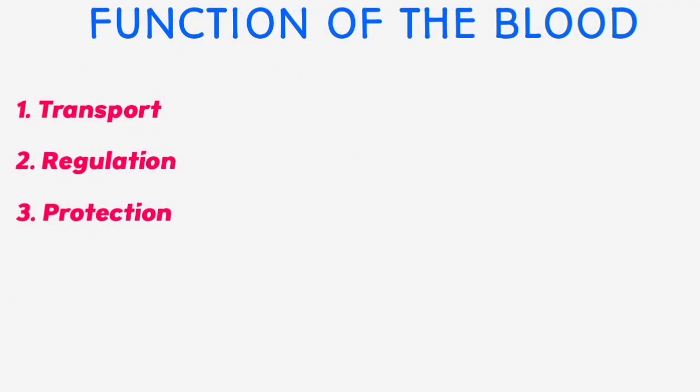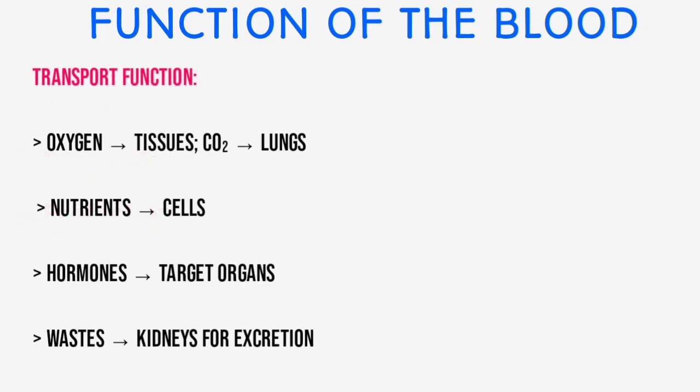Now that we have known what the blood is made of, now let's look at what it does. The blood has several critical functions and we can summarize them into three broad categories. We have transport, regulation, and protection. For transport, the blood serves as the main transport system of the body.